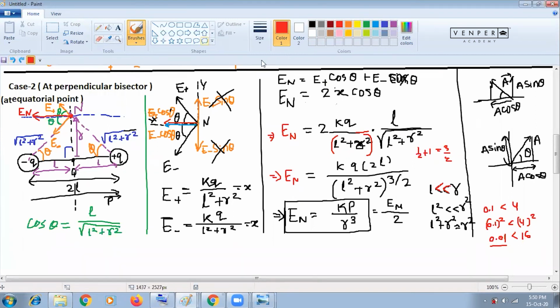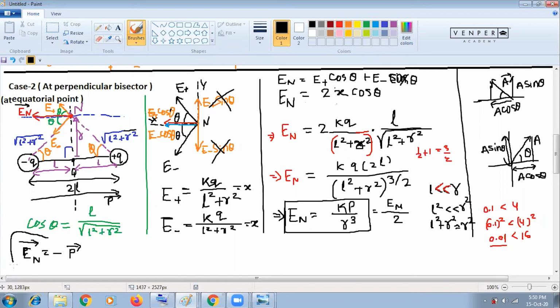Okay, everyone. So here, always remember, the dipole moment is from minus Q to plus Q, but the electric field is from plus Q to minus Q. So electric field at N is basically minus of the dipole moment.